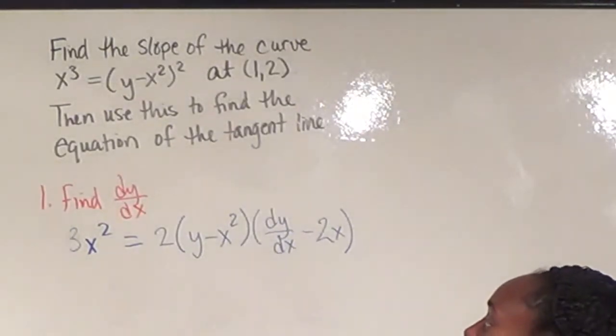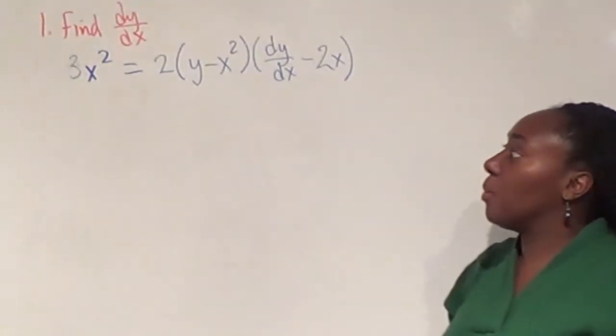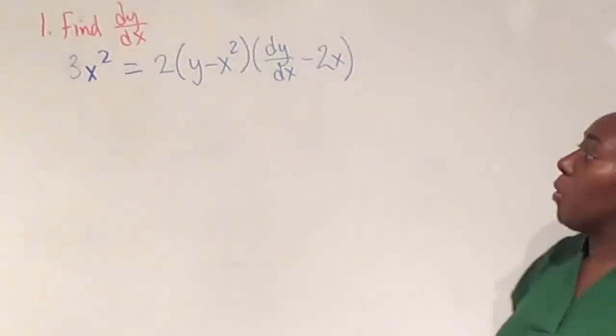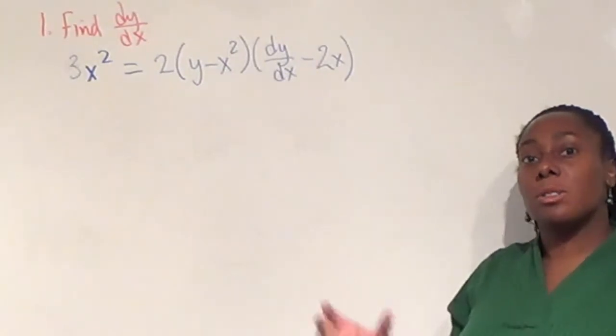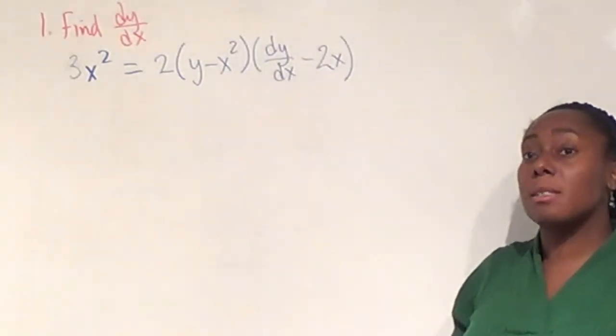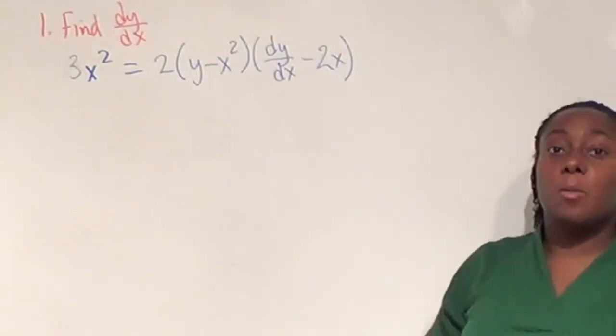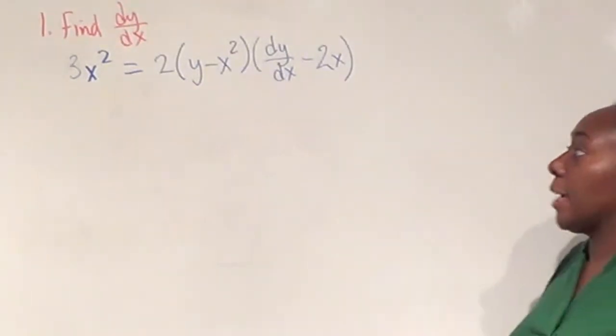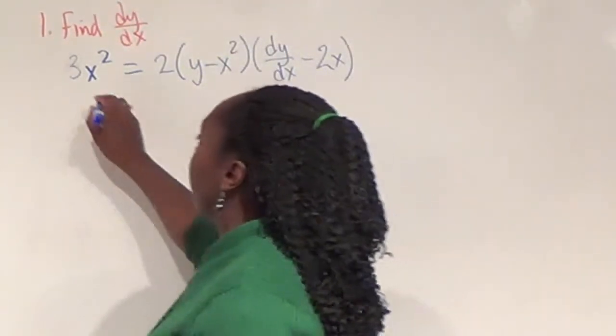Okay. Now, unlike the last few examples, notice this one I'm probably not going to distribute. I've got several sets of parentheses, and I've only got the one dy/dx. So here I can actually divide out first.